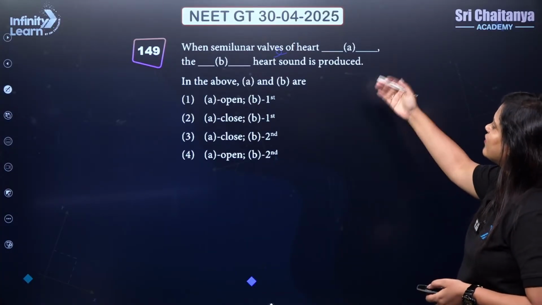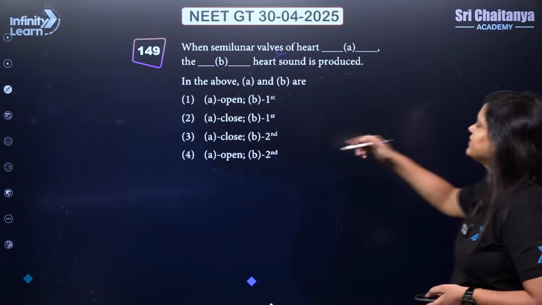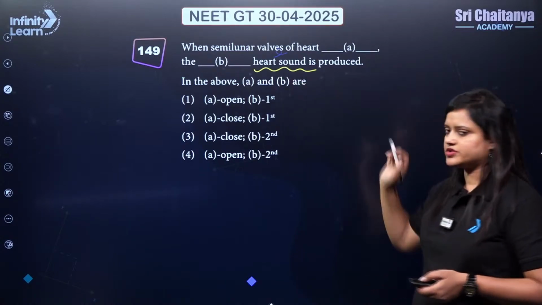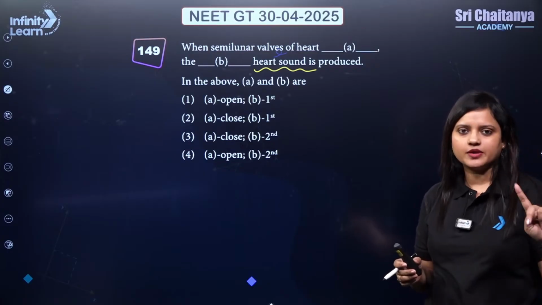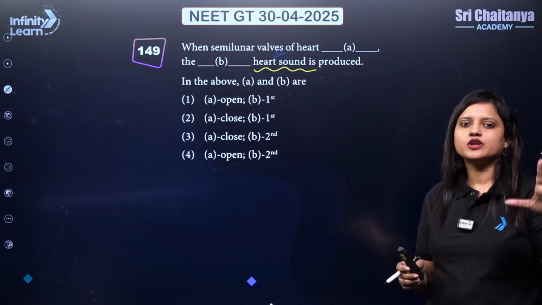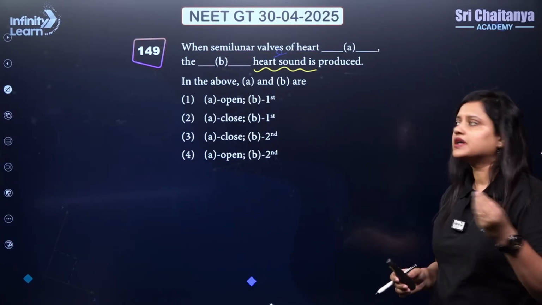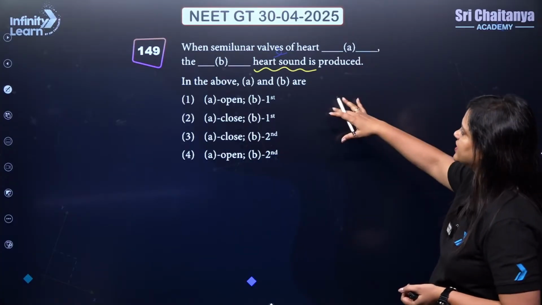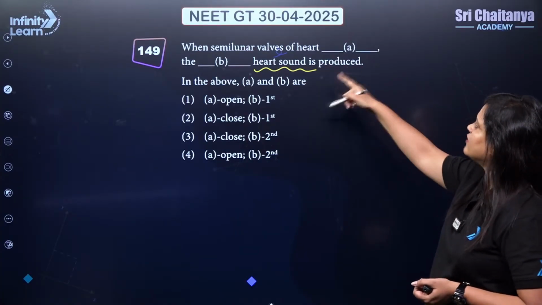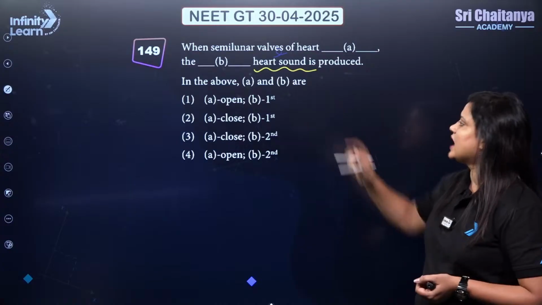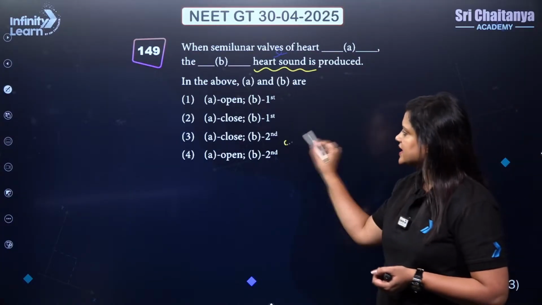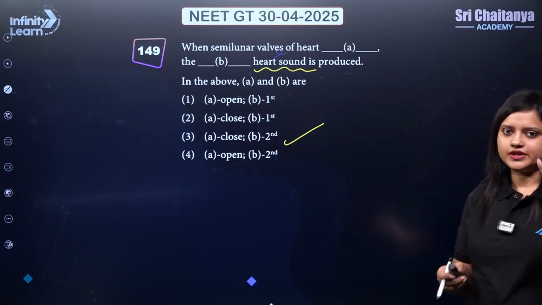When semilunar valve of heart, so here we are talking about heart sounds. So only 2 heart sounds are audible. One is due to the closure of AV valves. Second one is because of closure of the semilunar valve. So when semilunar valve close, the second heart sound is produced. So correct answer here will be 3.